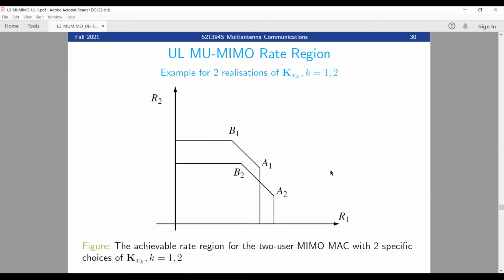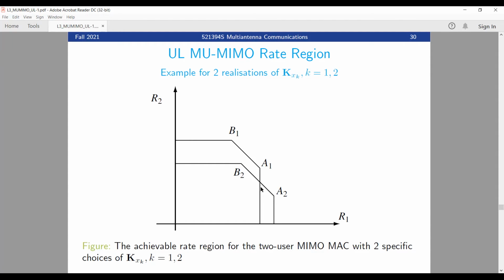So two arbitrary pairs of transmit covariance matrices you can plot separately, like two pentagons, right? This pentagon corresponds to, for example, choosing Kx to be diagonal with equal power loading across antennas. This is a feasible transmit strategy.